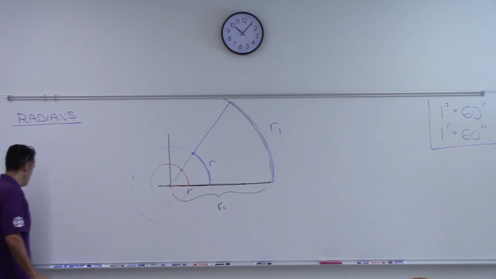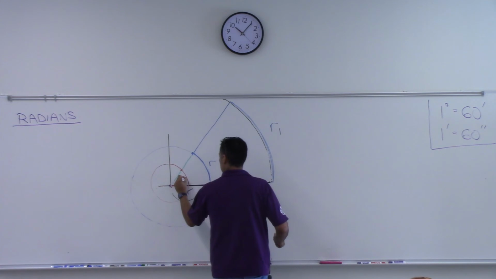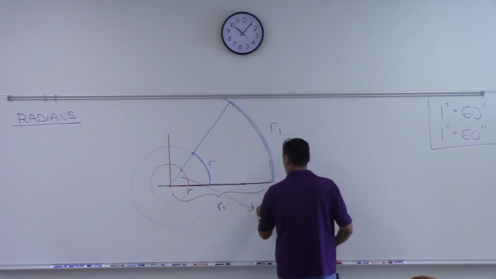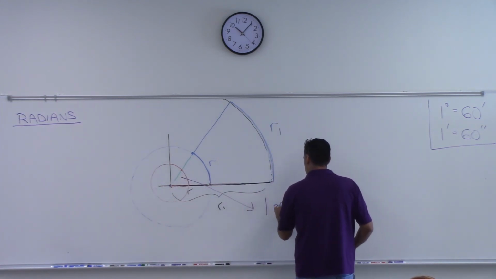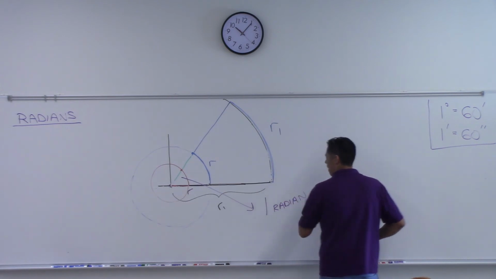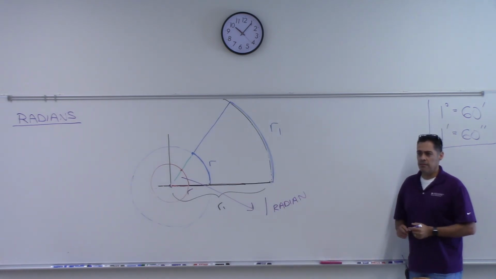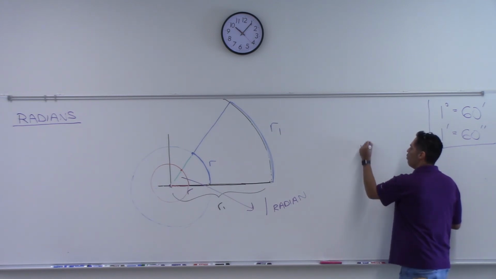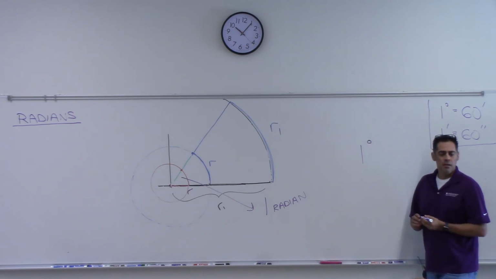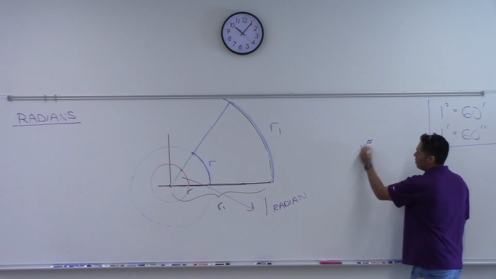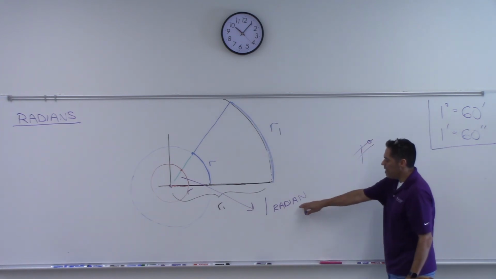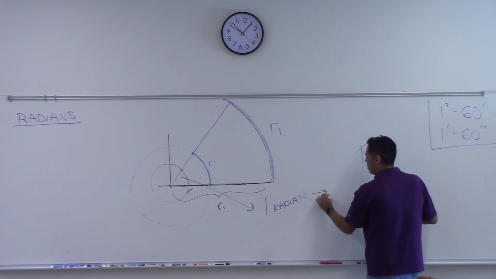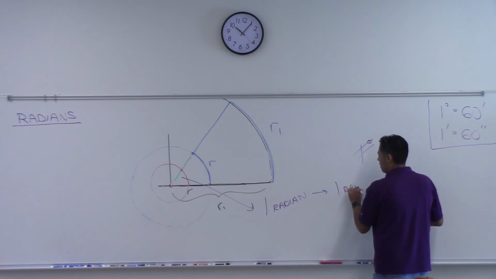This angle right here is called 1 radian. And the notation for it, you know how for 1 degree we write 1 with the degree symbol? 1 degree is not 1 radian. The notation for 1 radian is 1 rad, okay?